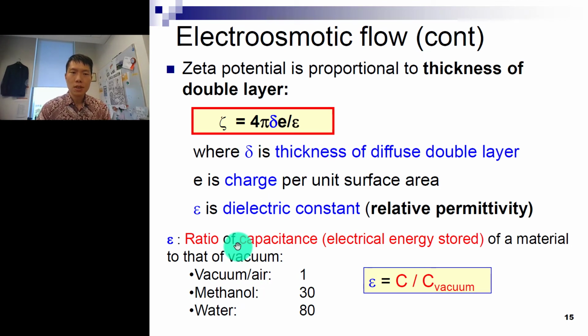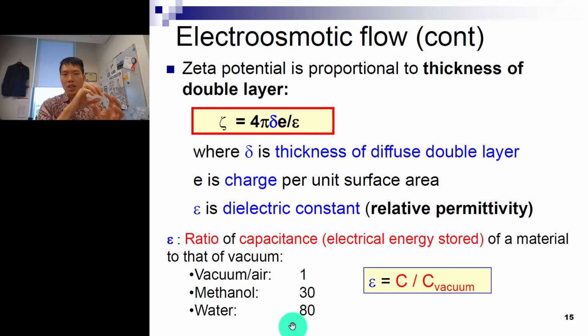In other words, your epsilon can also be defined as the ratio of the capacitance, the electrical energy stored, of a material to that of a vacuum. So in vacuum, the reference point is 1. You can store more charges in water, and methanol is on the scale of 30. Why does water have a higher number here?